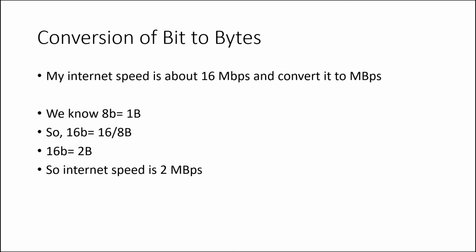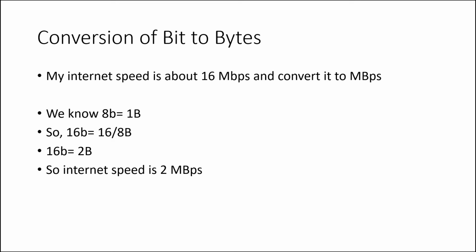So you think, oh, this has a speed of 16 MB, and it will take only 1 second. But it is not the truth. Here, internet service providers mention their speed as 16 megabits per second. Then you have to convert into megabytes per second, so then you can simply calculate the time.